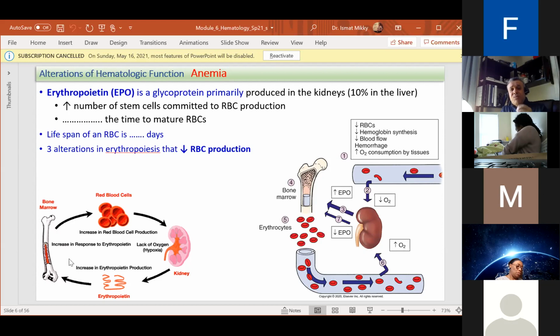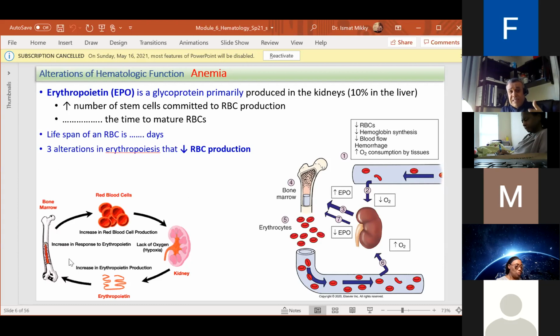Can anyone explain why? You will find this across the board. If you go to a hemodialysis center, all these patients going for hemodialysis because of kidney failure, you'll find all of them are anemic.